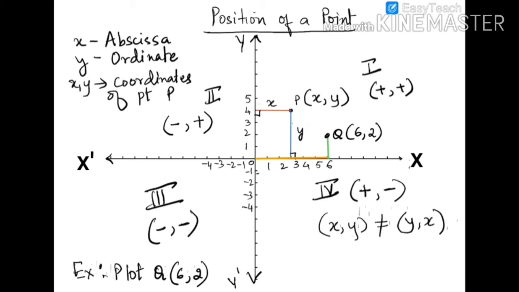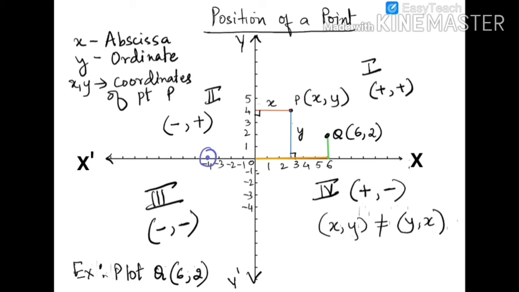Now if we have a point on the x-axis, let's say this point, then what will be its coordinates? A point that is on the x-axis will have its y coordinate 0 because we have not moved along the y direction at all. We only moved from the origin towards the negative x-axis to come to this point.